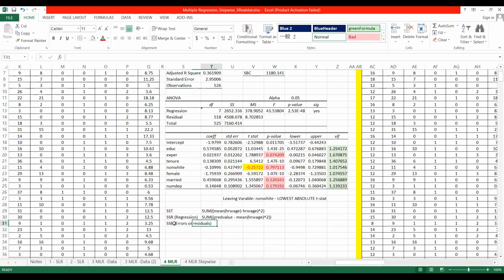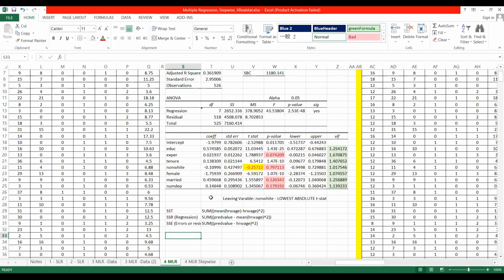And this is simply the sum of, we take the difference of the predicted value minus the actual value. And then we square it, okay, and then we sum it up. Okay, so these are the SST, SSR, SSE.